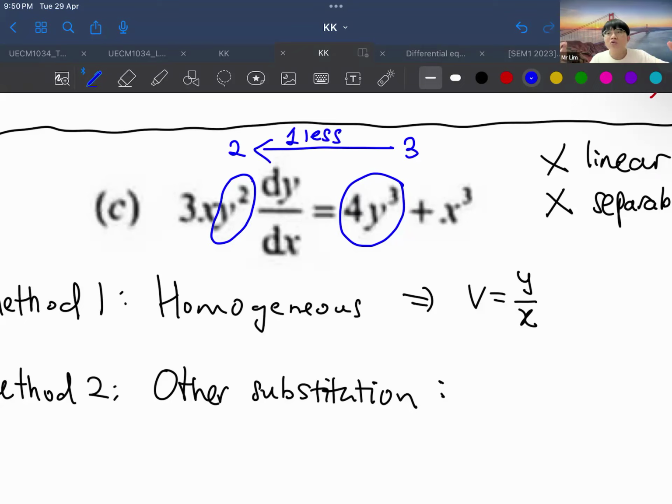A bit similar to the u substitution, where when I have something which is one more power than the other, normally I let the higher power become my substitution u or v. Basically just this part only.